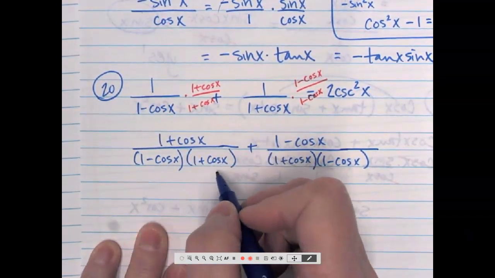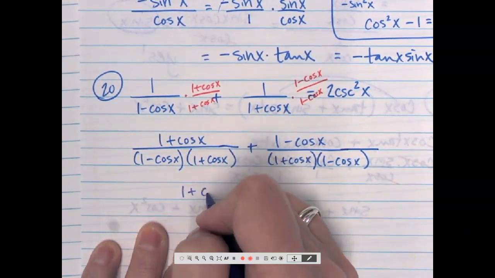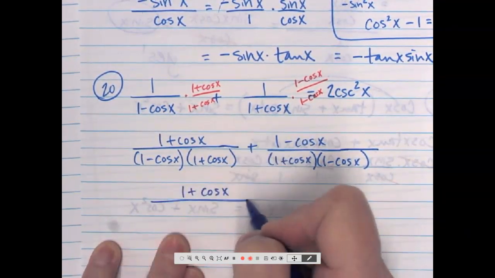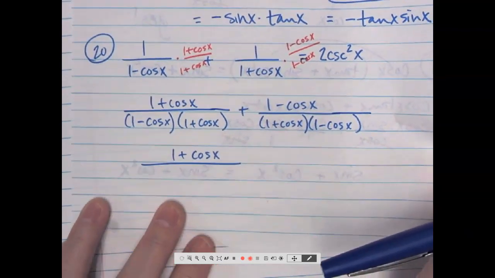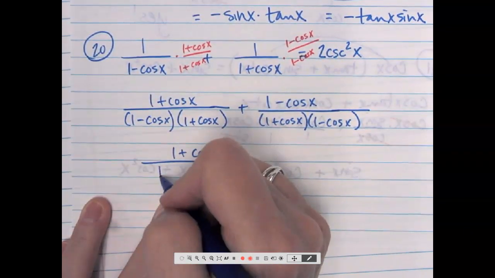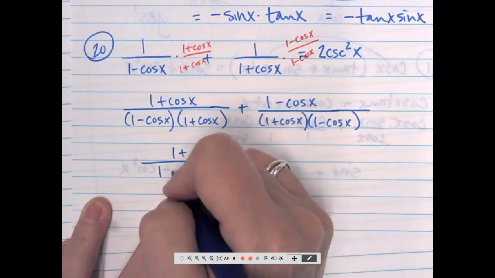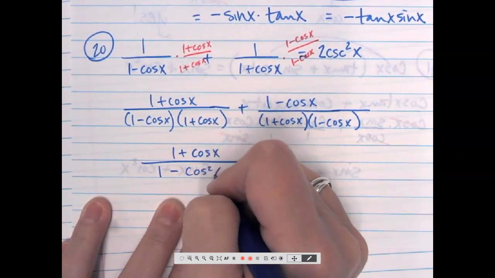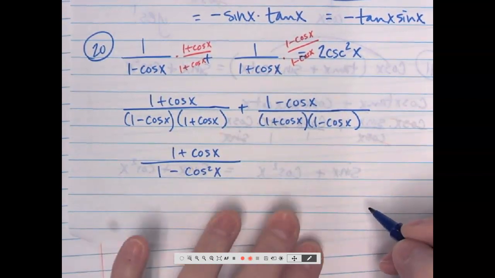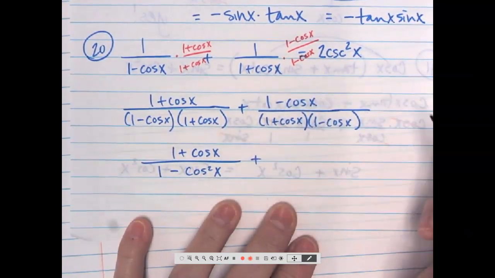But I'm going to distribute on the bottom. So I have 1 plus cosine over, okay, if I distribute this, that's 1 plus cosine minus cosine cancels, minus cosine squared. Stop me if I lost you on that.